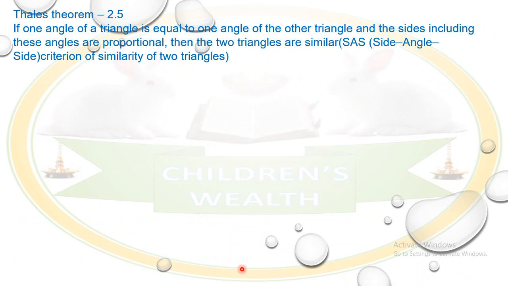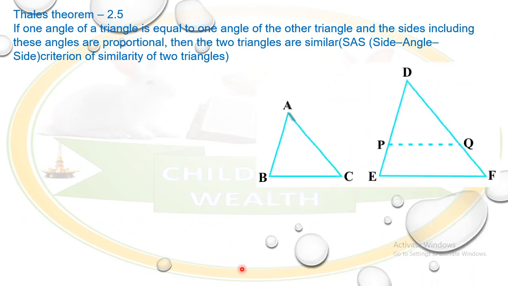Thales theorem 2.5. In this theorem, it says if one angle of a triangle is equal to one angle of the other triangle and the sides including these angles are proportional, then the two triangles are similar.